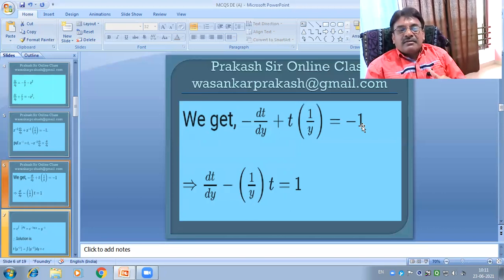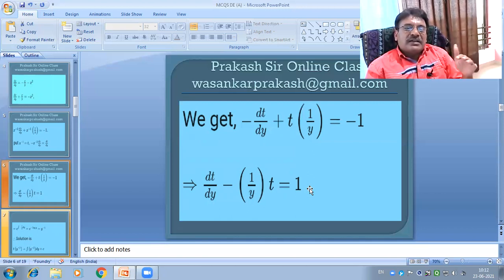Again, multiply both sides by the negative sign. Then negative negative positive, dt by dy; positive negative negative, 1 by y into t; negative negative positive, so 1. And this is a linear differential equation.